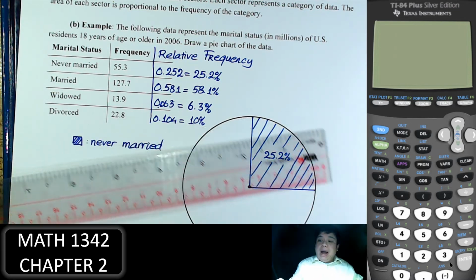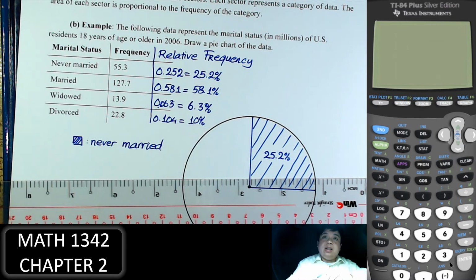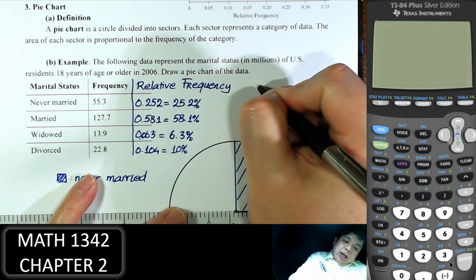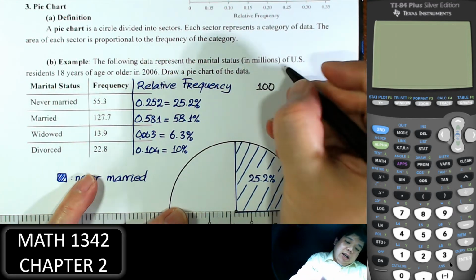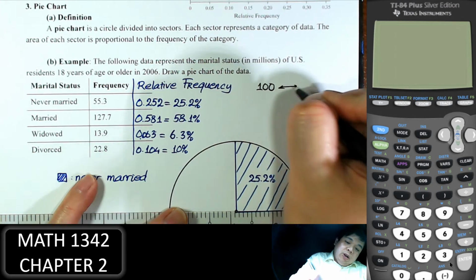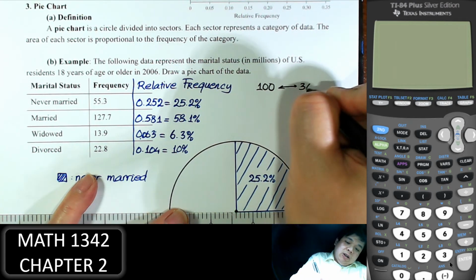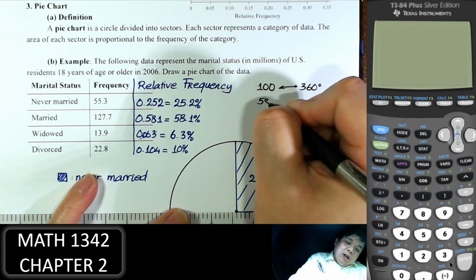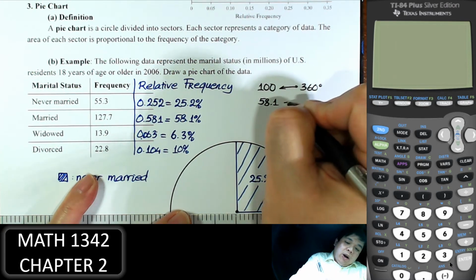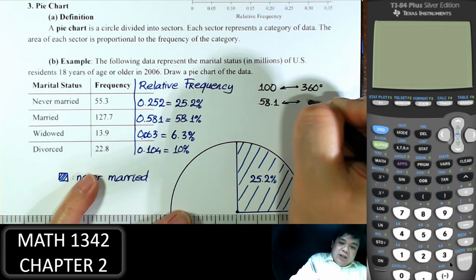Right, so the better way to do this is using the degree. So if we have 100% is equivalent to 360 degrees. Now we have 58.1. What is the equivalent degree? Just say x.